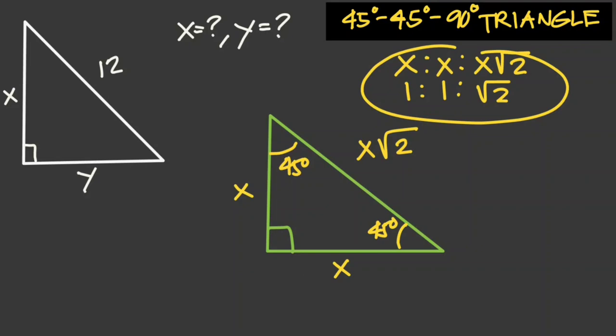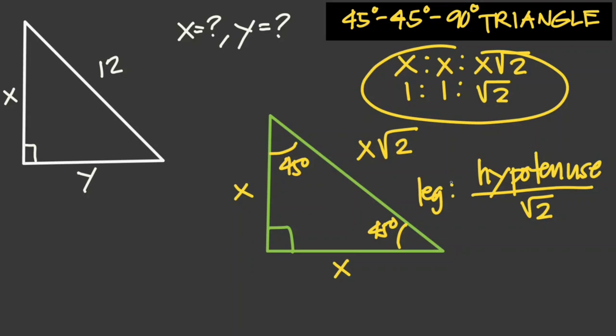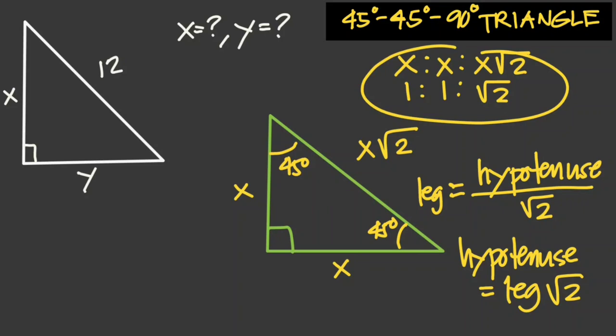To solve for the leg, given the hypotenuse, you just have to divide the hypotenuse by square root of 2. And our hypotenuse is just equal to the leg times square root of 2.